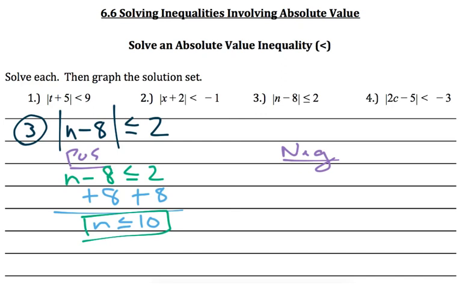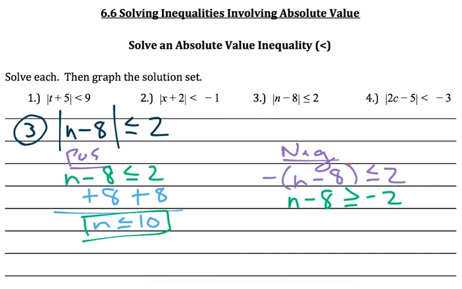Okay, so here's a negative situation. The negative value of n minus 8 also has to be less than or equal to 2. Now if you wanted to, you could clear these parentheses and distribute. I'm choosing not to do that. So now I'm going to make this n minus 8, change the direction of the sign, and in my head I know I just multiplied that by -1.